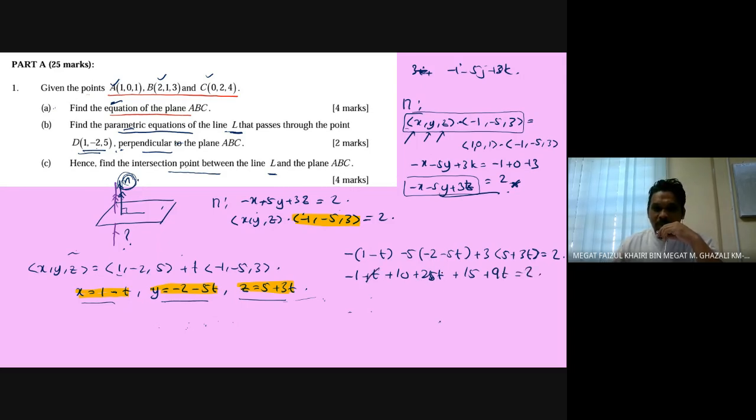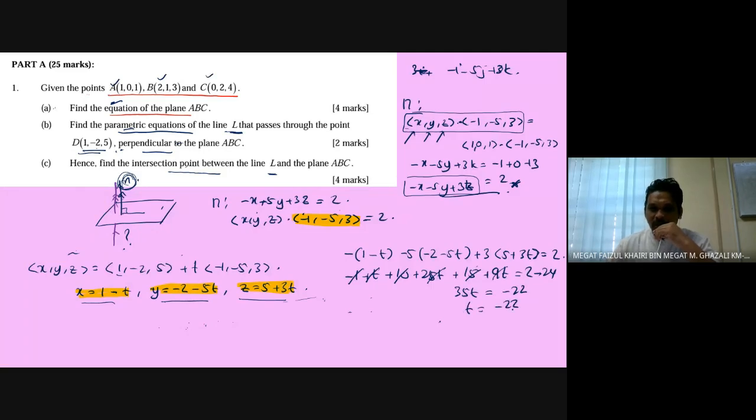So t plus 25t, 26, plus 9, 35t. Negative 1 plus 10 is 9, 9 plus 15 is 24. 24 brought to the other side becomes negative 24, so 2 minus negative 24 is negative 22.